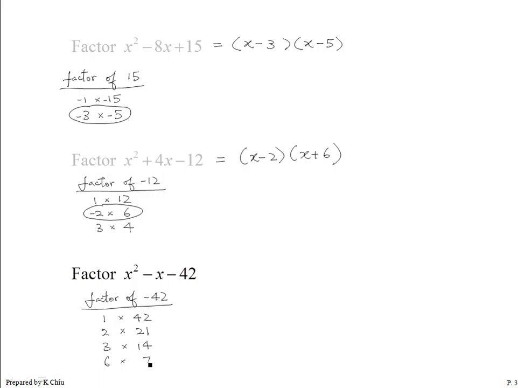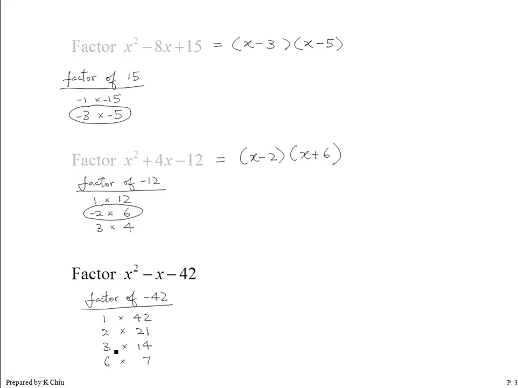And then the next one I should try would be 7. Hey, but I already got 7. So that means I'm done. You see, even though it's 42, it's really not that bad. You just try 1, 2, 3, 4, 5, and then you can quickly find all the possible pairs. Again, it's a negative 42, so I need to give the negative to one of the factors. So I'm looking for the difference. Which pair will have the difference of 1 or negative 1? 6 and 7.